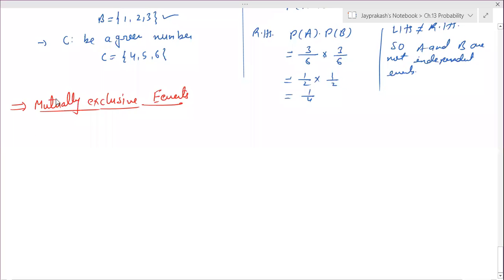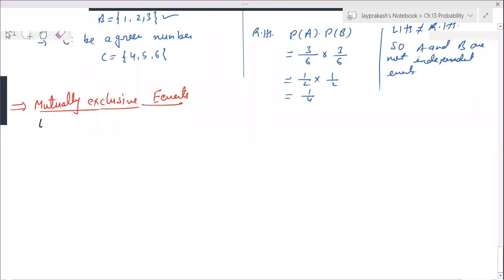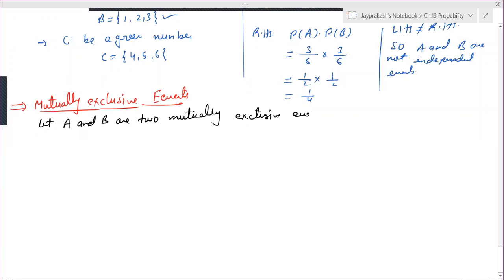In mutually exclusive events, let's suppose A and B are two mutually exclusive events.